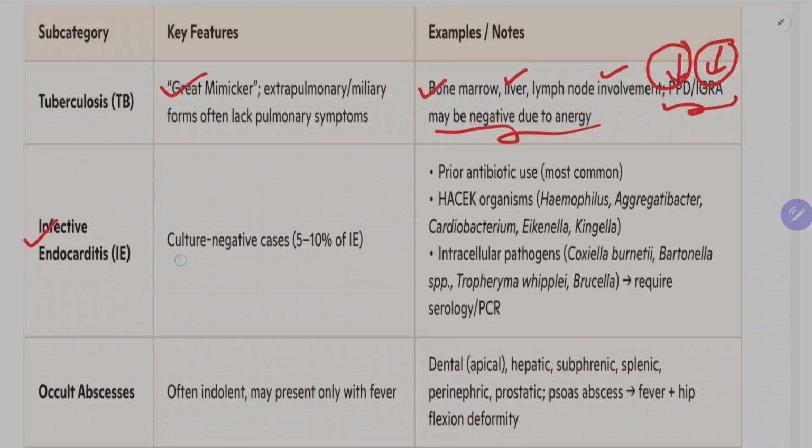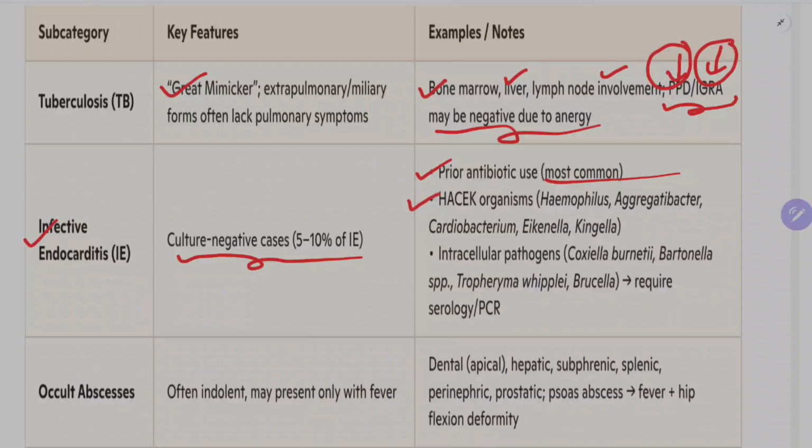Culture negative cases, 5 to 10% of infective endocarditis, can present with this FUO. Why these culture negative cases? The patient may have used antibiotics before, which is the most common cause of culture negative infective endocarditis.